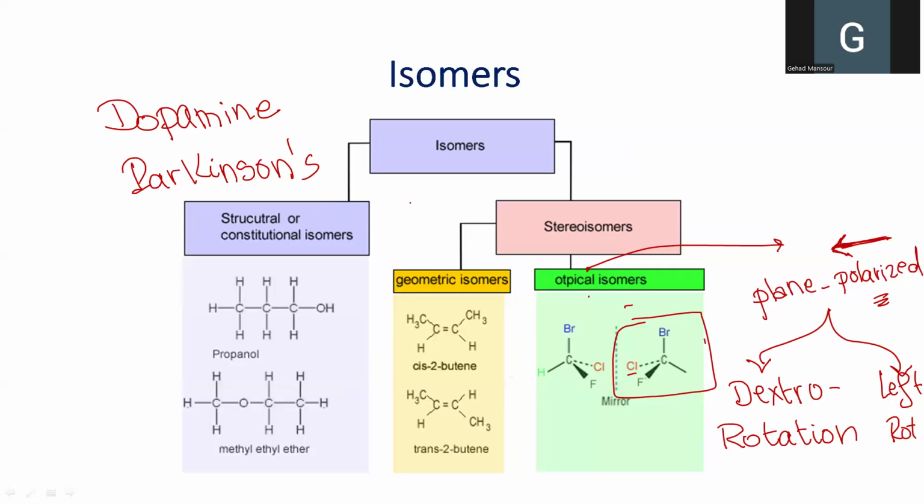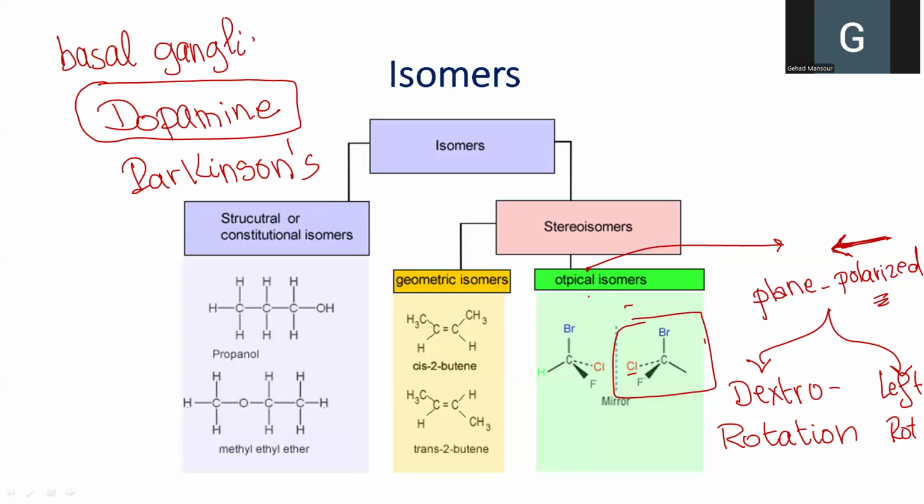Parkinsonism is due to deficiency of dopamine in a particular area of the brain called the basal ganglia, a group of nerve nuclei or cell bodies of neurons that should contain a certain amount of dopamine in order to prevent this.